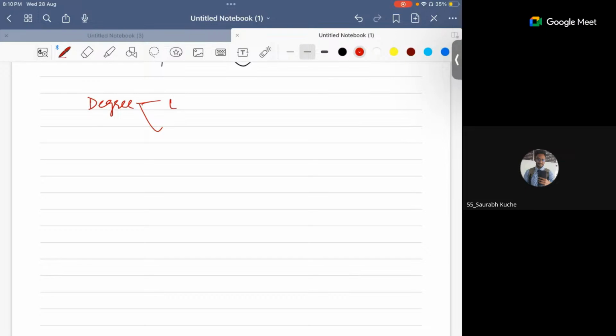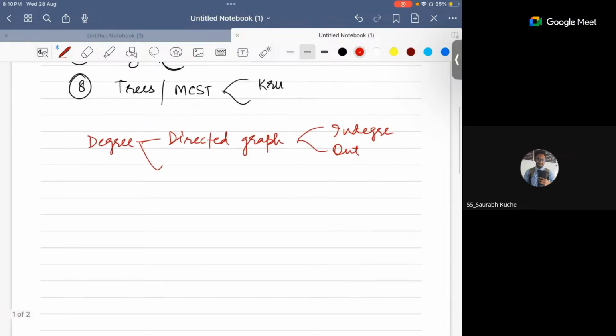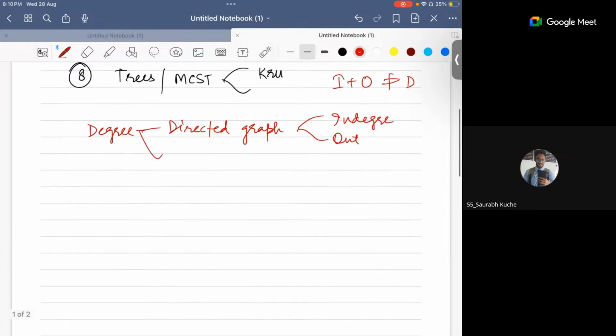There is in degree or out degree. So I'll just write it if somebody is writing it out. So for directed graph, you'll be having in degree and out degree. And the summation of both the two is not equal to degree. So in degree plus out degree is not equal to the degree. So there is nothing called degree in the directed graph.